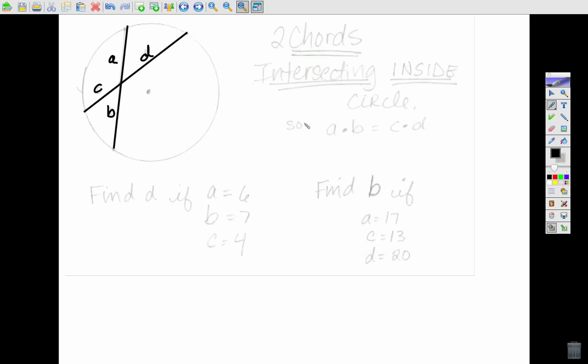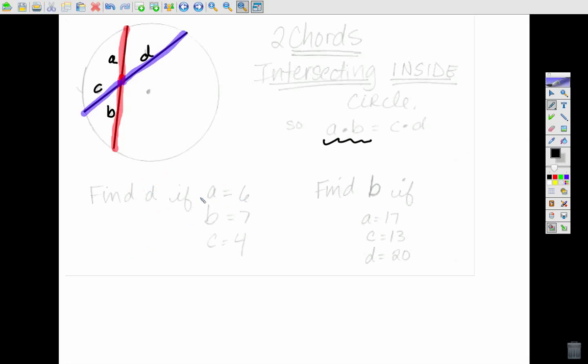Okay, so the formula goes A times B, which is, let me highlight here, that is this piece times this piece is going to equal C times D, which is this piece times this piece. Okay, so as long as you are multiplying and staying on the same chord for both your pieces, you'll be fine.